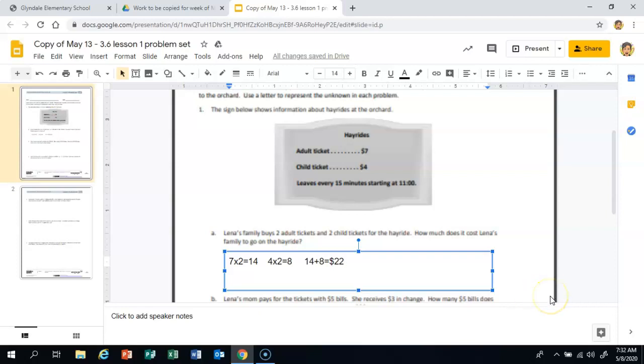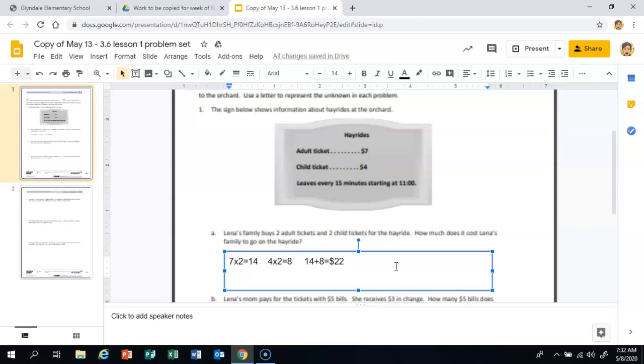Now we could have drawn a tape diagram. We could have done all kinds of different strategies, but the one I chose was multiplication. So, next thing we want to do is write a sentence, because remember, it's read, draw, write.